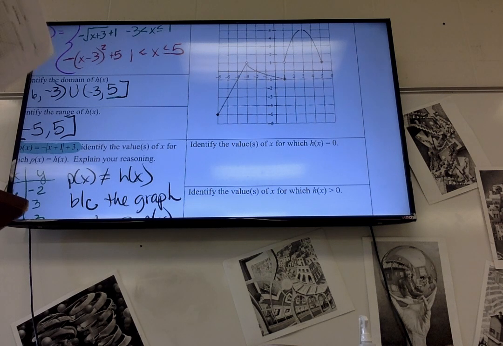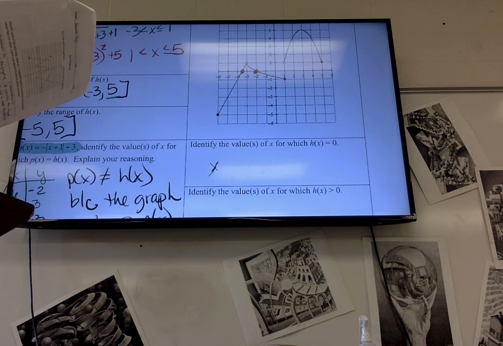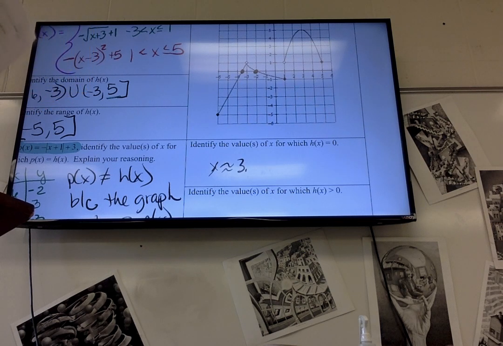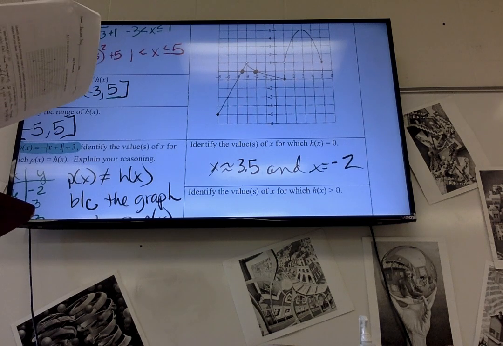Yes, I would look for it on the x-axis, which looks like it's here, here, and that's it. So x looks like it's about 3.5, and x equals -2.